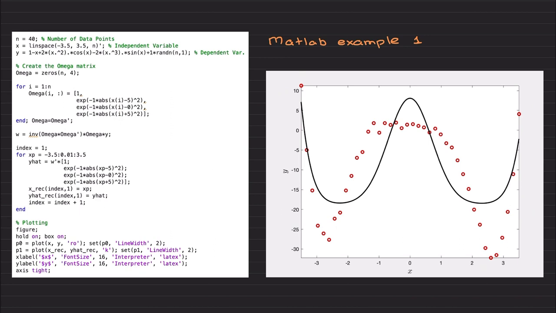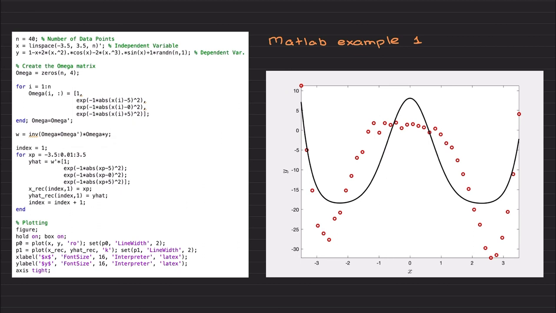So the first one is located at -5. The second one is centered around 0. And the third one is around 5 here. I only have 3 radial basis functions, and I am finding the optimal weights based on least squares coming from this omega selection.